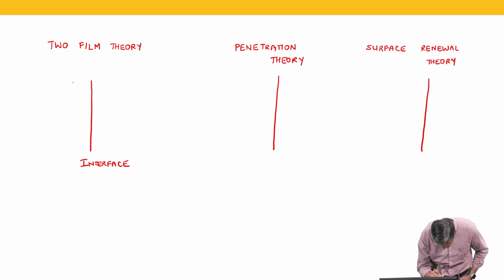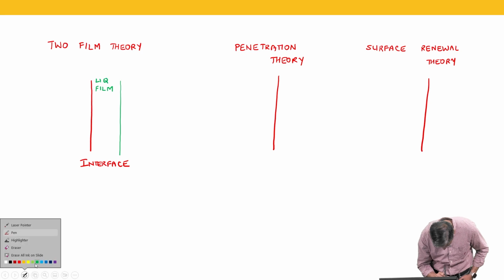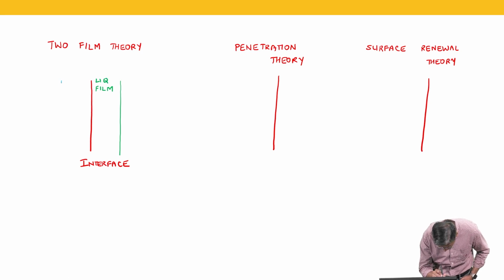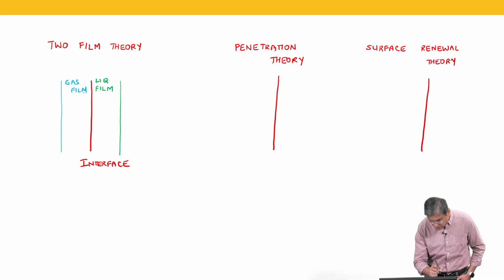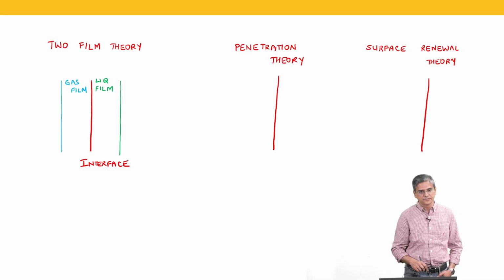The two film theory says that there is a film in the liquid phase, there is a film in the gas phase.